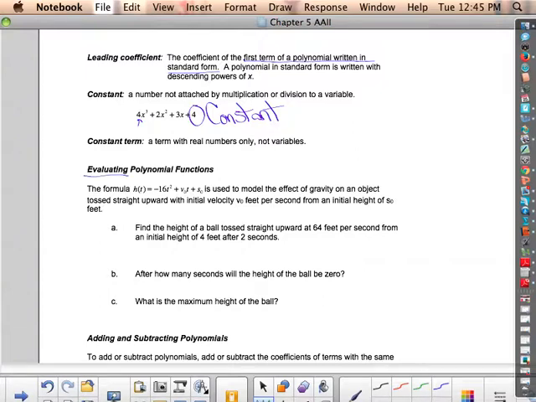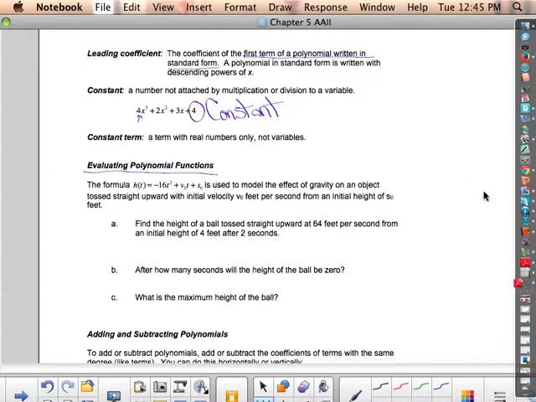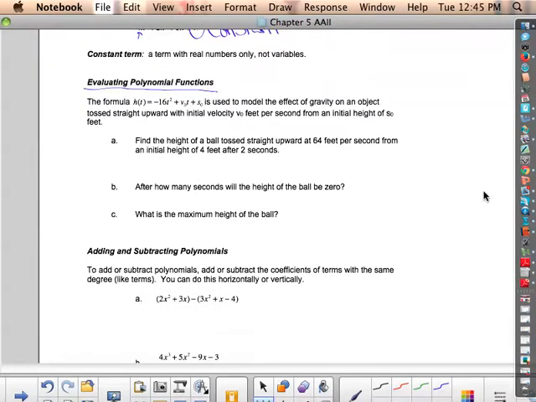In evaluating polynomials, and this is an important one, you're going to see this formula many times. It's the formula for the height of an object, and it is modeled by h of t. T stands for time. H of t means the height over time. So h of t is equal to negative 16t squared plus v sub 0, that's the velocity, times time, plus s sub 0, which is the starting height.